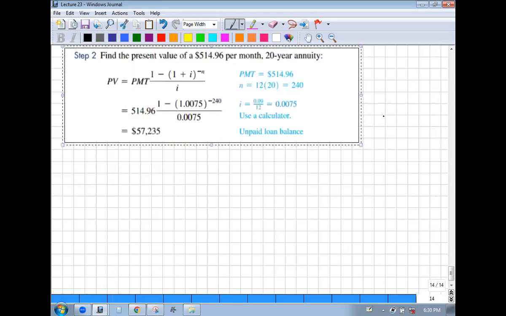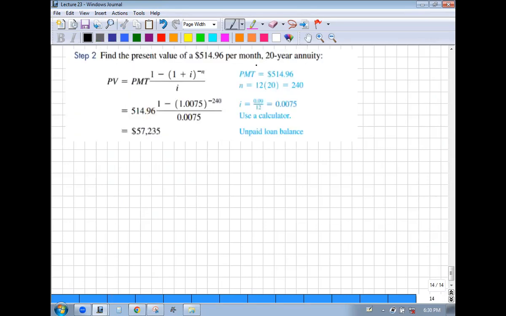All right, so here they're doing a 20-year annuity. How much do they have to pay in for this thing, if we make the payments for 20 years, how much would that present value be? The present value of this much per month after 20 years, plug it into a formula, we have 57,000.